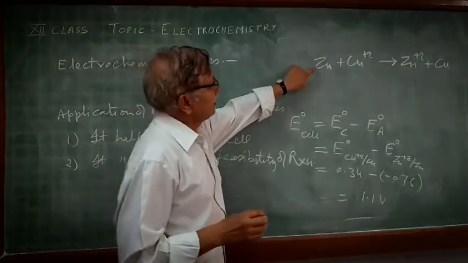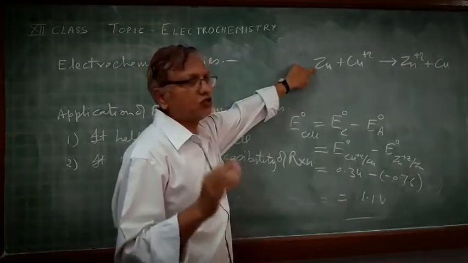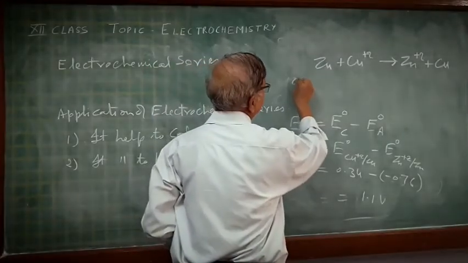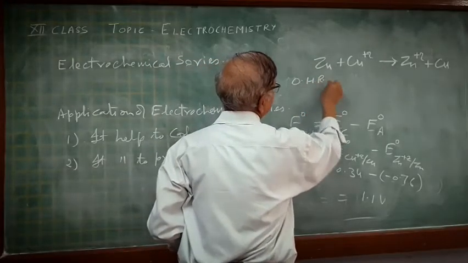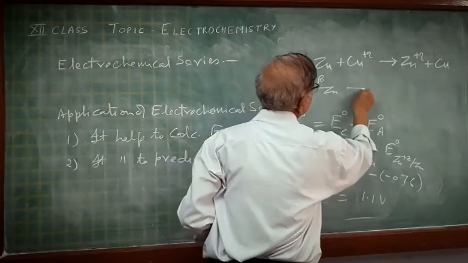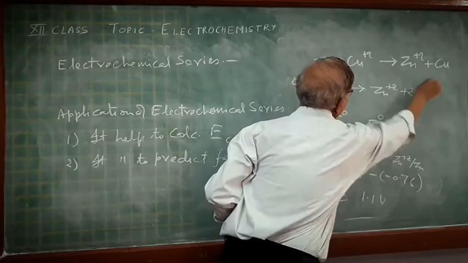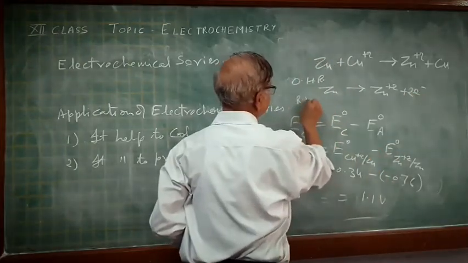So we write this reaction in two forms. One is the oxidation half reaction, OHR, that is zinc into zinc ion plus 2 electrons, and the other is the reduction half reaction, RHR.